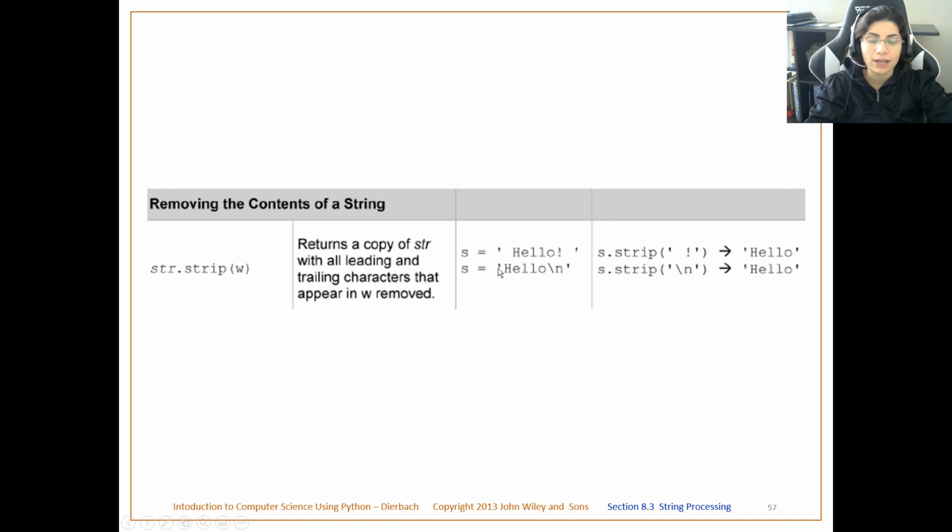So if you have something like hello \n, and you want to strip that new line character from it, you simply say s dot strip new line character, and it will cut that new line character from that string. All right, and that is what we want to do in our program.